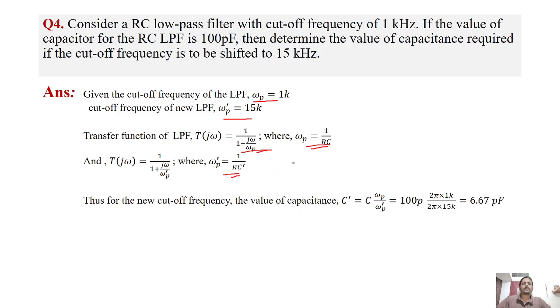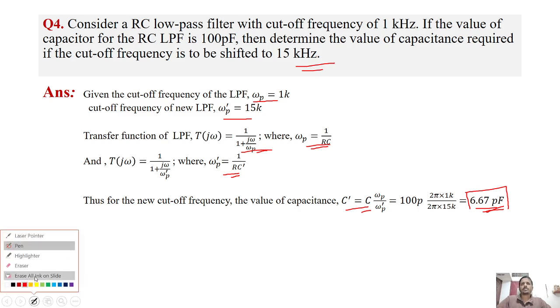I just divided these two terms and we got C dash equal to C into omega p by omega p dash, and on substituting, the new capacitance that I need to connect instead of C is 6.67 picofarad. If I connect such a capacitance, I will get the cutoff frequency of the new low pass filter as 15 kilohertz. Okay, so that's it.